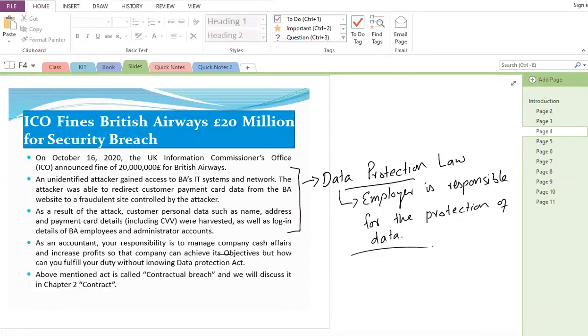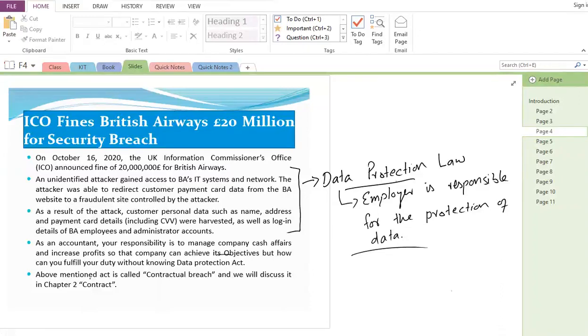So what is the role of the accountant here? As an accountant, you are responsible for booking a provision for this case that is filed against British Airways. But what is the relation of studying law in that context? As an accountant, our responsibility is to manage company cash flows and increase profit. This is our ultimate goal. We need to reduce the expenses and increase the revenue.